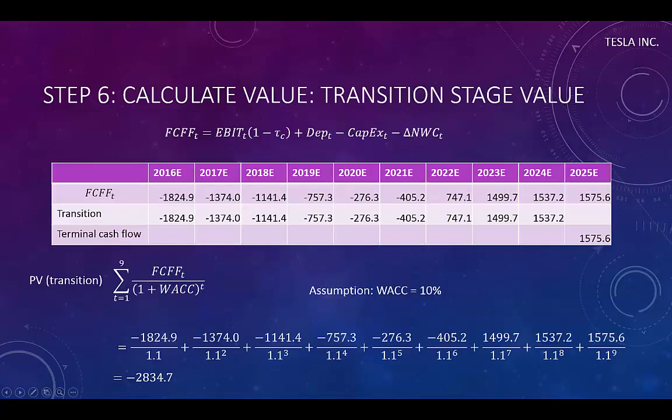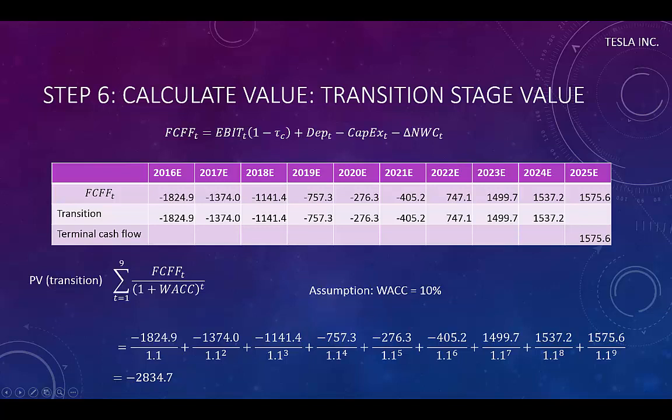This table summarizes the cash flows we need to do the valuation. We have a transition period from 2016 to 2024. We discount the cash flow from each of those years. If we assume that the discount rate is 10%, then the value of the cash flows in the first 9 years is minus $2.8 billion.